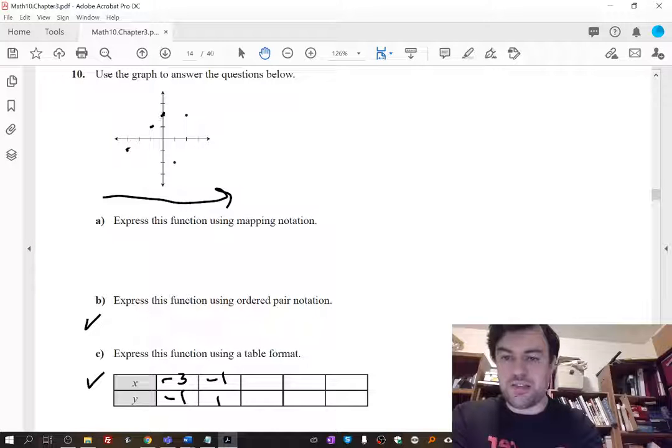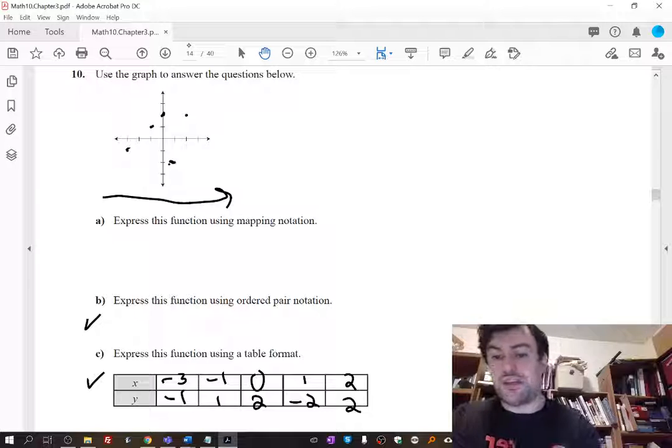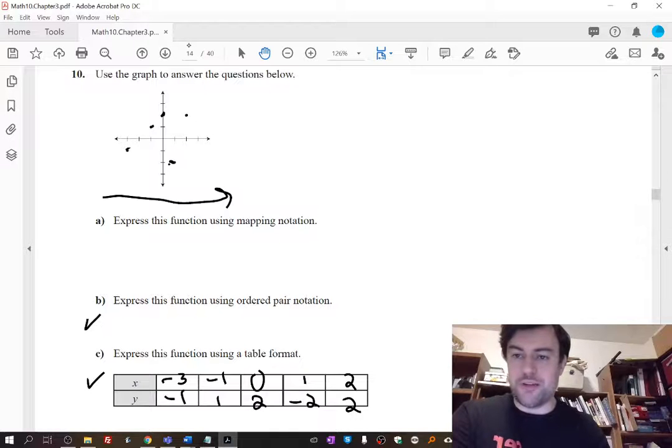This one here is 0 for x and positive 2 for y. This one here is 1 for x and negative 2 for y. And this one here is 2 and 2. So then I could convert these ordered pairs and then draw my map as sort of the final step. So that's how I go about doing a question like 10.